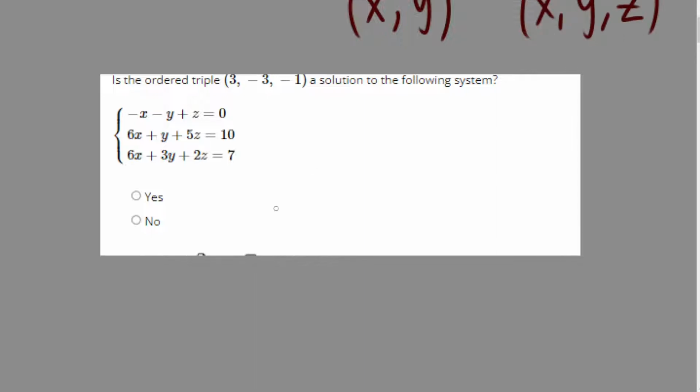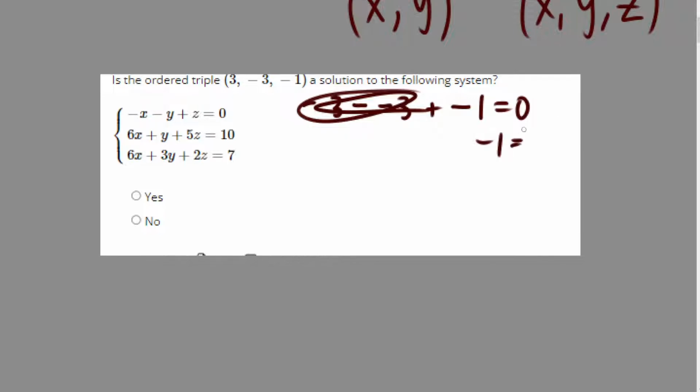So we can plug all these points in and see if it works. So 3 minus -3 plus -1 equals 0. This will turn into 3 plus 3, plus -1. That does not equal 0. So our answer is going to be no.